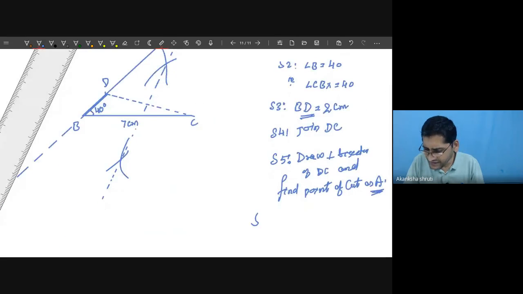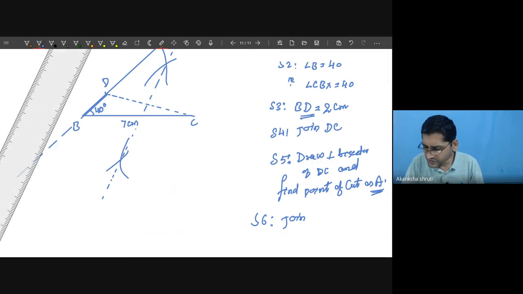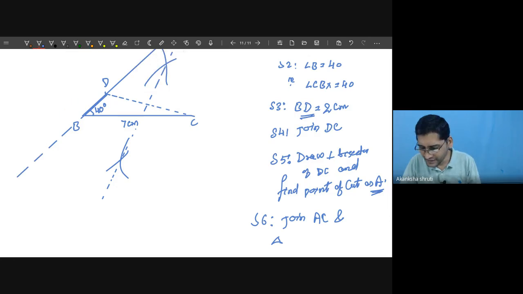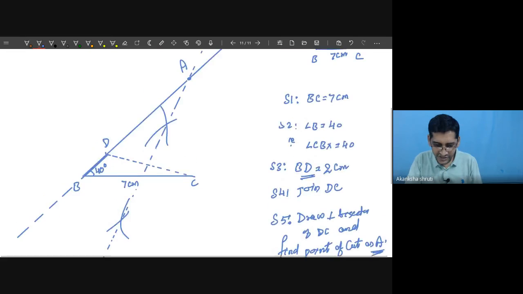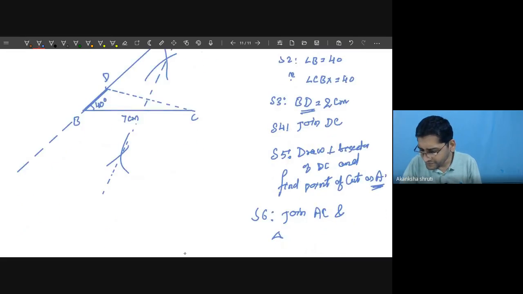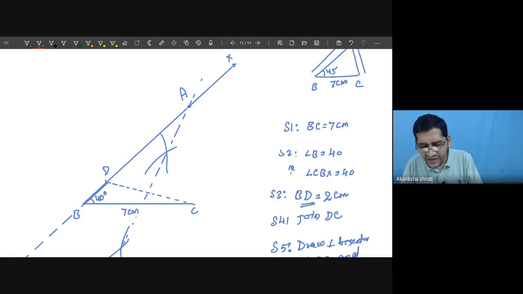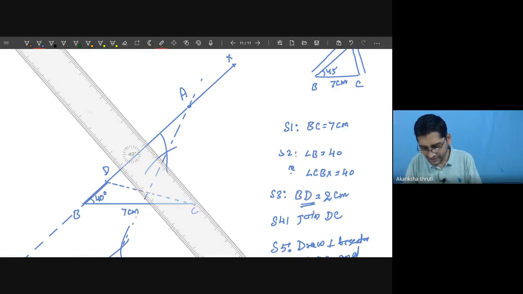Then step number 6, join A to C, AC, and the triangle is formed. Once this A is determined, triangle ABC is formed. So this way we have drawn the triangle.